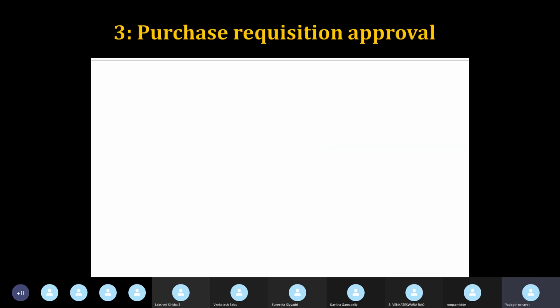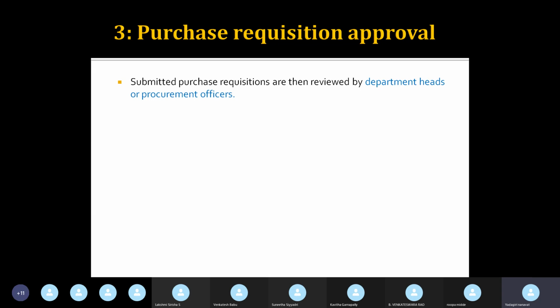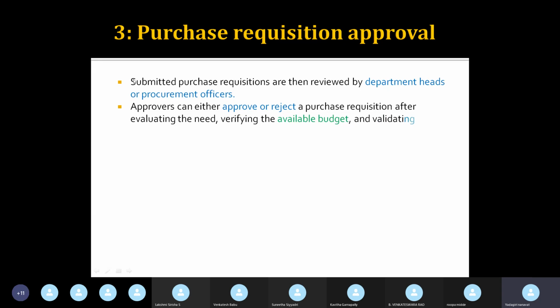And third one is purchase requisition approval. Submitted purchase requisitions are then reviewed by the department heads or procurement officers. Approvers can either approve or reject a purchase requisition after evaluating the need, verifying the available budget, and the availability of the purchase requisition form.